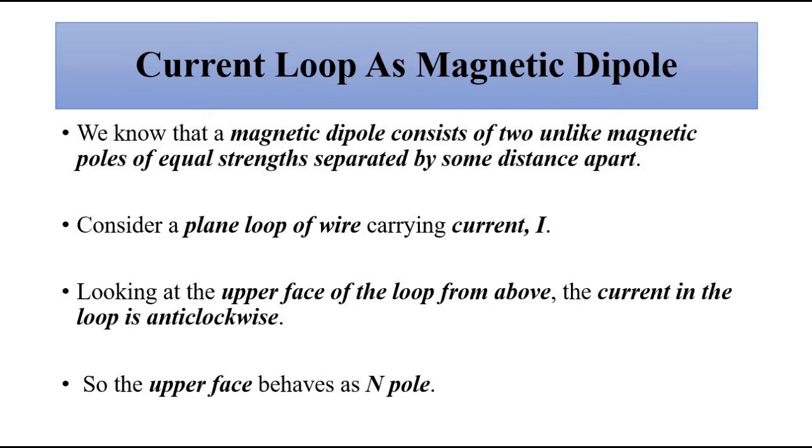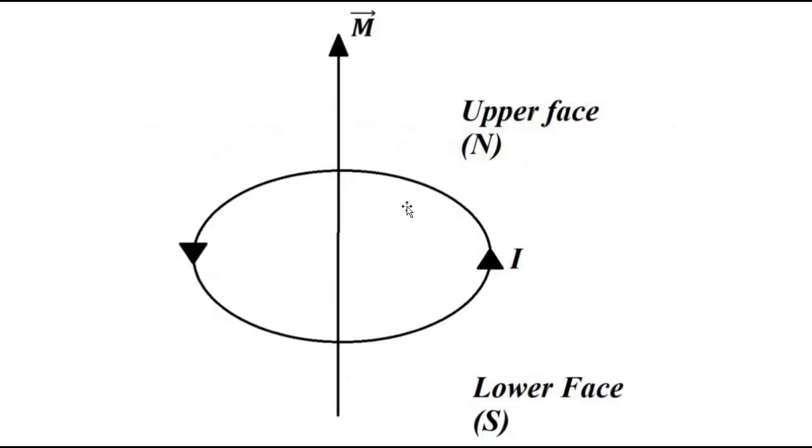So when current is passed through, let's say, a circular loop, and from the upper side we look at it, it appears as if the current is flowing in anti-clockwise direction. So the upper face acquires a north pole. And from below, the current appears to be flowing in clockwise direction, so the lower side acquires a south pole.